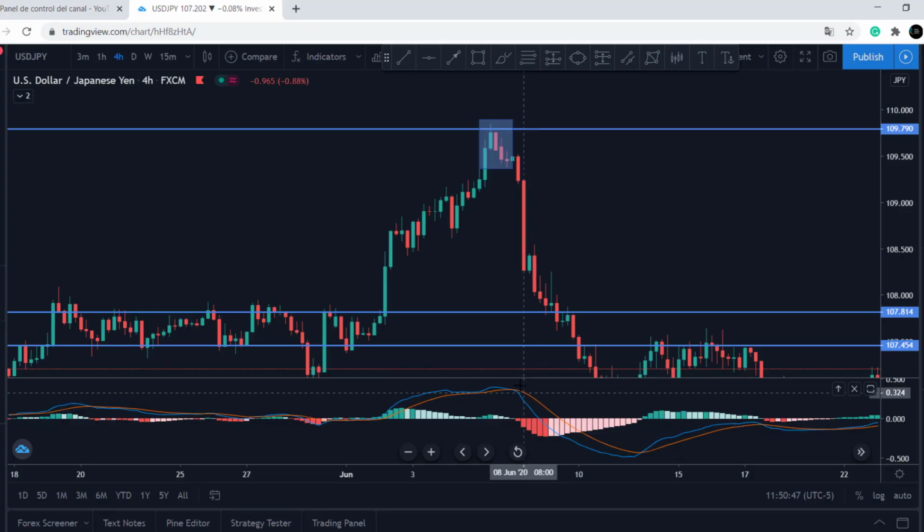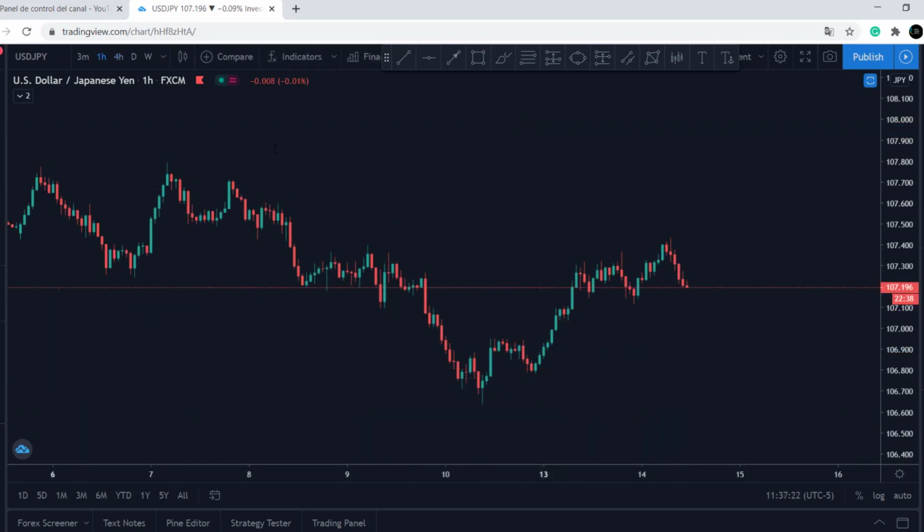So now I will show you how to set up this indicator, and how to use it correctly. So let's go to our platform. Alright, so here we are on our chart platform. The first thing that you have to do is to add this indicator to your chart.